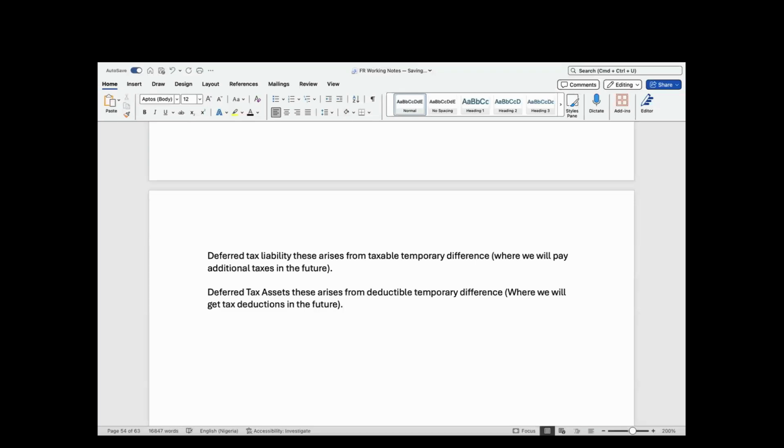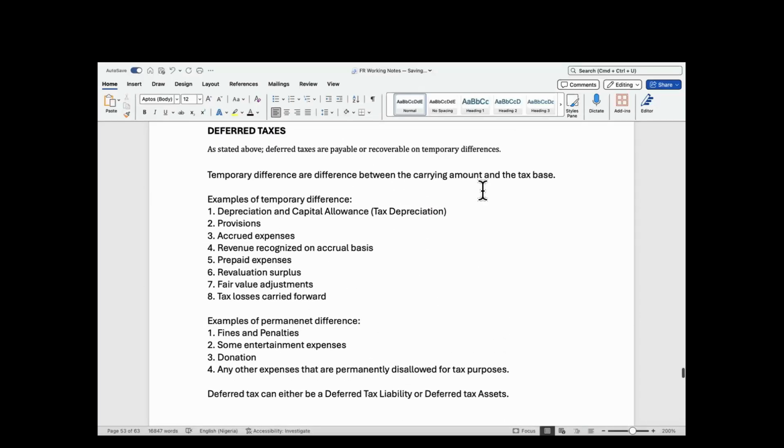We will get tax deductions. Like, for example, an expense that you put in your books that the taxman says, no, I'm not going to allow this because you have not paid for it, but you have it in your books. That difference will make you have a deduction in the future because when you eventually pay for it in the future, you will enjoy it as a tax deduction. That is a deductible temporary difference.